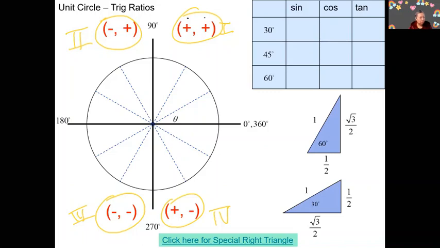Now, imagine that you are using a 30 degree right triangle here. So theta is 30 here. Then imagine that we put the 30 degree special right triangle inside of there.